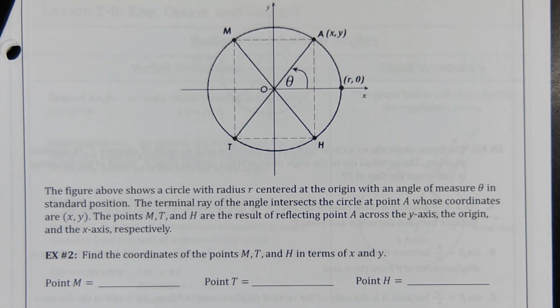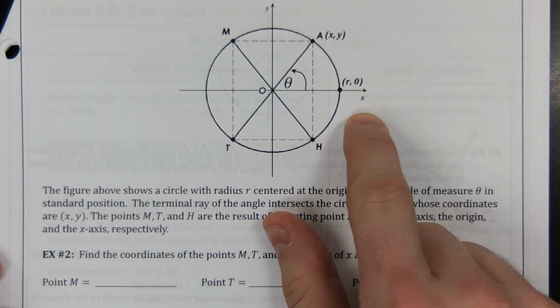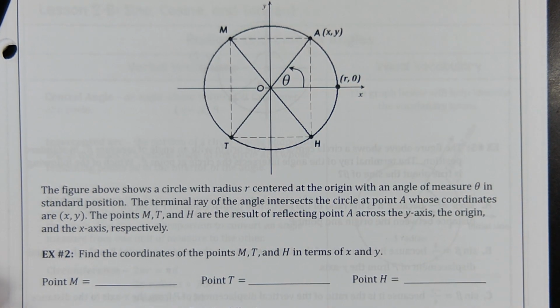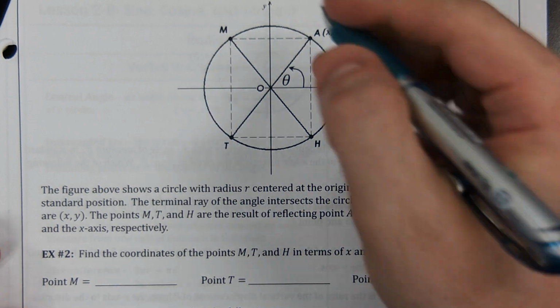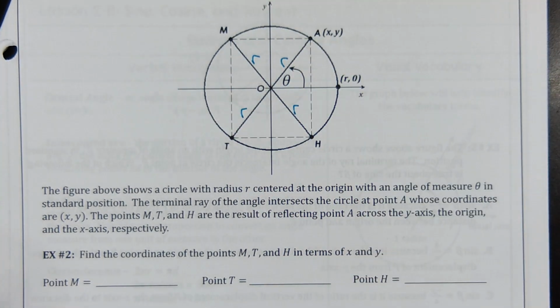The figure above shows a circle with radius r. How do we know that? That right there. You see how that coordinates at r comma 0? That means my circle's edge is r units away from the origin. That means these 4 triangles actually all have the same radius. Can we agree that the radius of a circle is always a positive number?